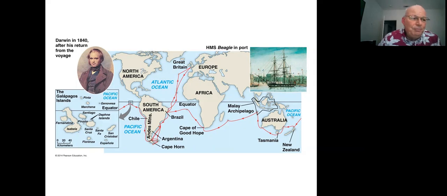And the question he started to ask himself was, where did each of these species of tortoises come from? If they are all somewhat similar to each other, why are they also very different? And how could he explain all of this? And that's what started him thinking. It was the tortoises, not the finches.